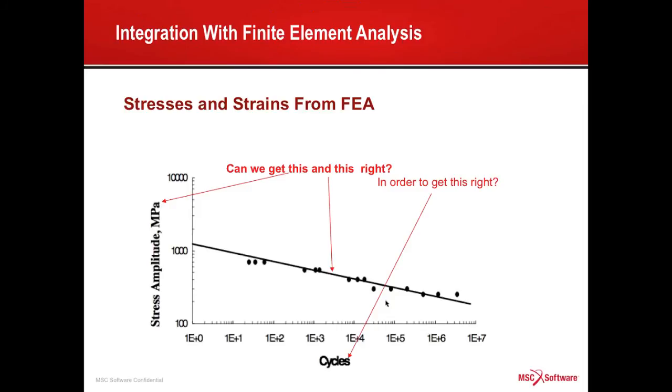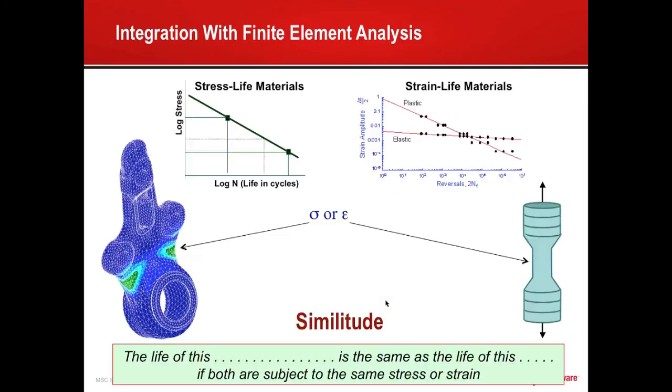And built into that concept is something we might call similitude. And that is, if we are doing this calculation within a finite element environment, then we need to be able to get the stresses from the finite element model in exactly the same form as the stresses occurred in the test coupons that were used to generate the material properties.